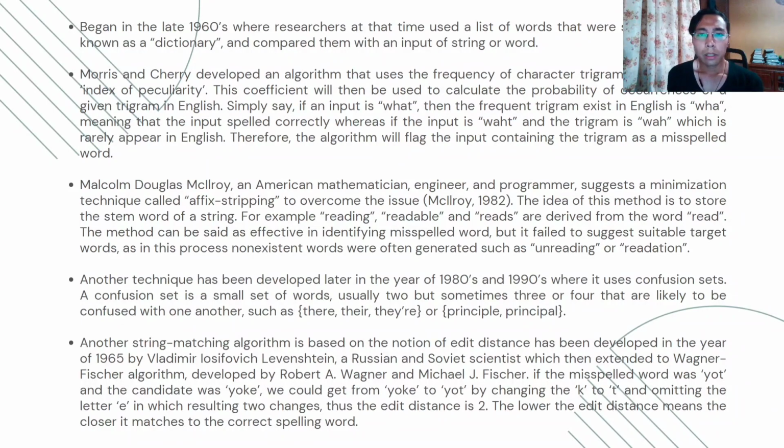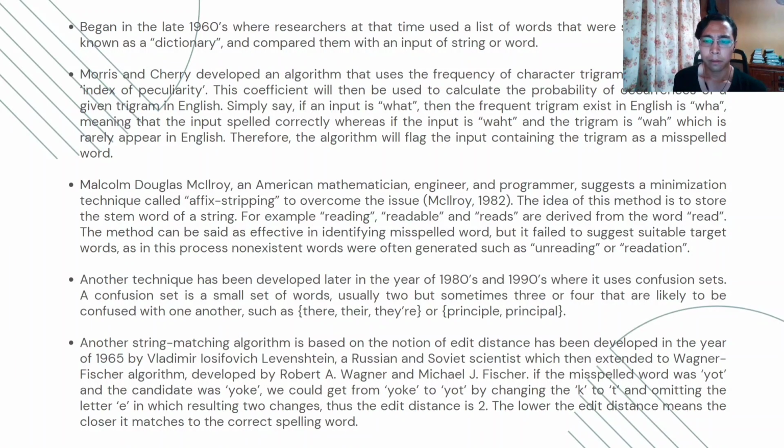Now I'm going to briefly explain about the history of spell checking. Actually, spell checking began in the late 1960s, where many researchers at that time used a list of words that were spelled correctly, which is also known as a dictionary, a term that we use nowadays, and compared them with an input string or word.